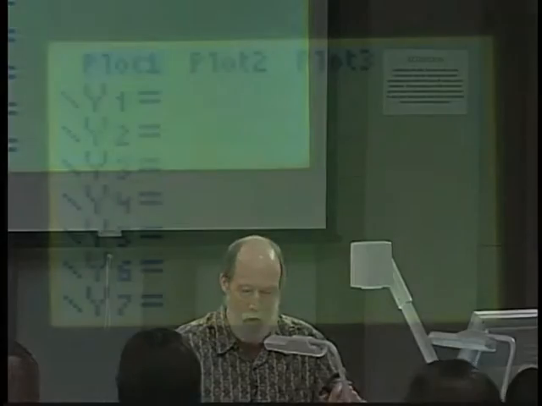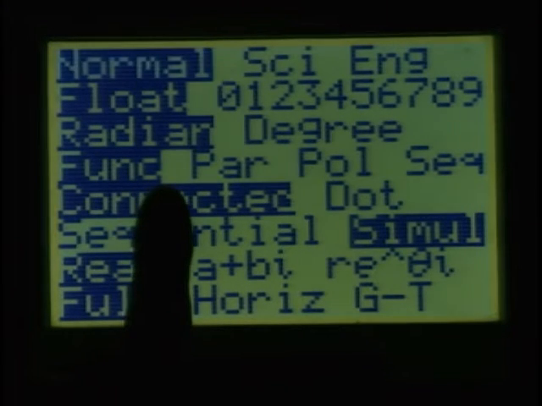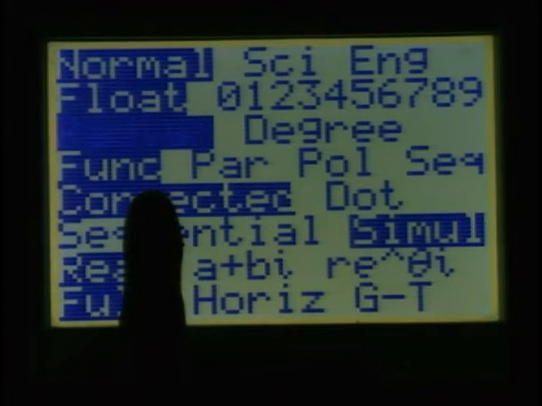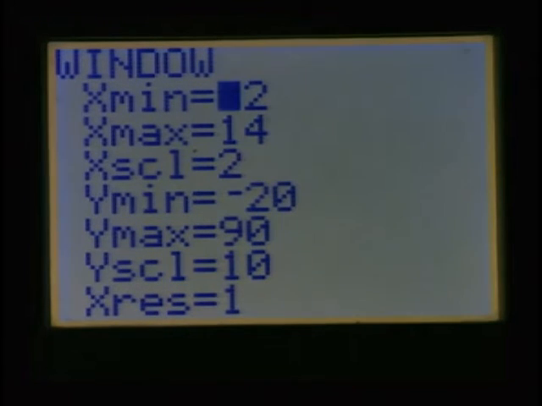So first of all, I'm going to check the mode. Let's stick with radian mode, since that's the way I was doing this earlier, okay? So we're going to stay in radian mode, and I'm going to build a viewing window first.